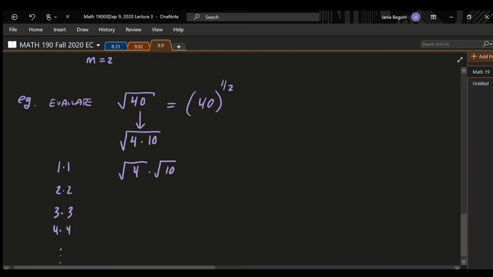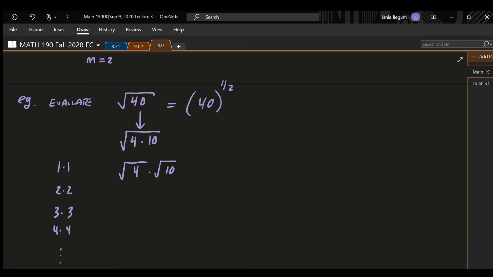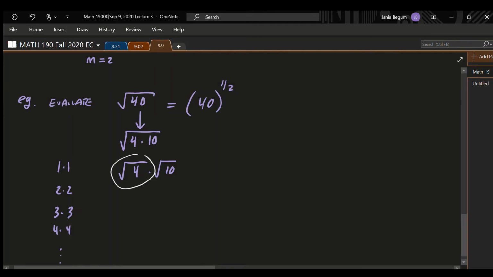Now the square root of 4 is a perfect square. That's on our list right here. So what's the square root of 4? 2. And the square root of 10 doesn't have any, because it's 5 times 2 and then 10 times 1, so none of it simplifies. So that's the simplification for the square root of 40.